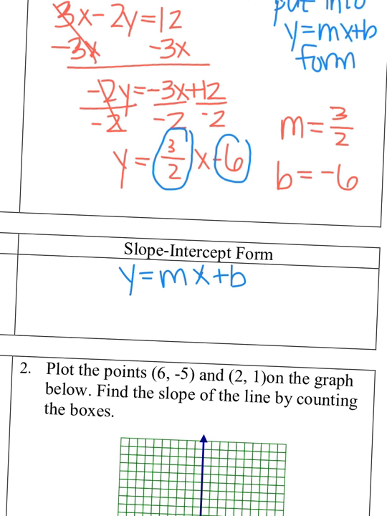They all have x's and y's, and slope-intercept form is just one way to express them. It's going to always take a certain form, and things are going to come in a certain order. Slope formula is a way to calculate slope. So slope-intercept form is y equals mx plus b, and as we've talked about, m is our slope, and b is our y-intercept, or where our line crosses the y-axis.